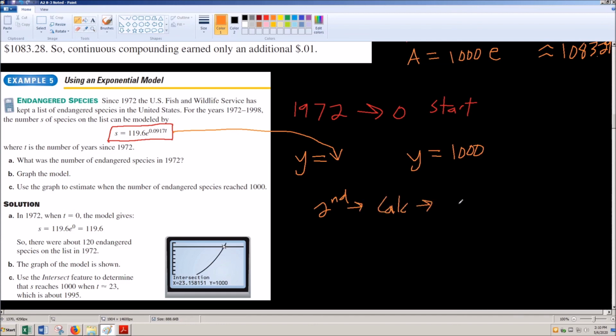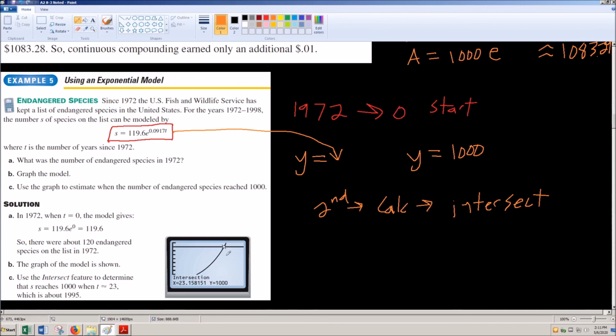Then I'm going to go to second, calc, intersect, and find where those two things cross. Or you can scroll around and get pretty close. When we do this, we get an answer of approximately 23. So 1972 plus 23 brings us to 1995, which is when the expected number of endangered species will reach 1,000.